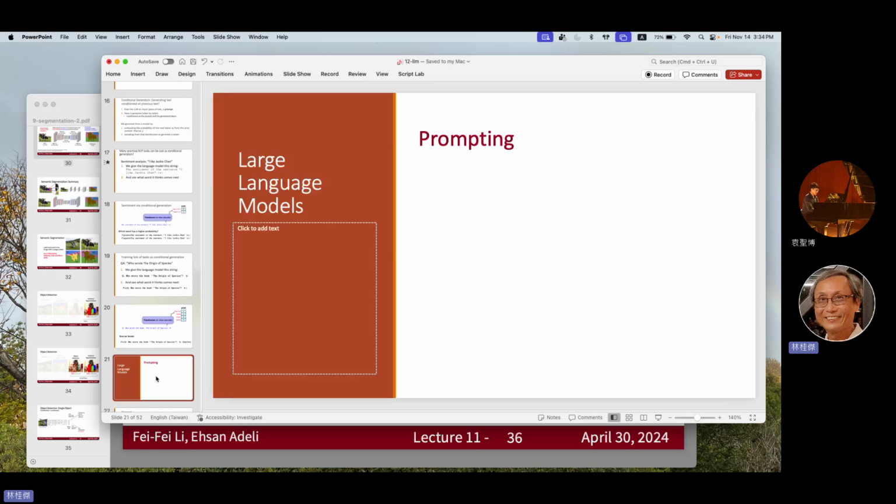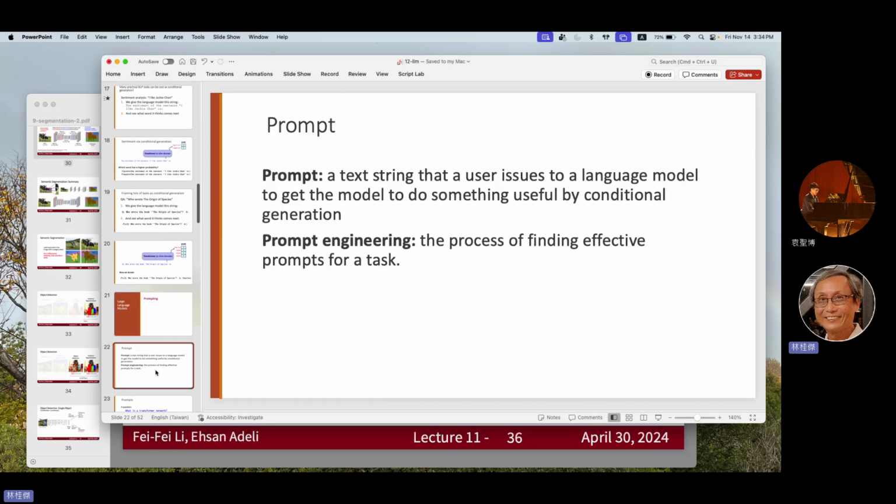So the prompt is actually quite important because it's going to be used by the language model as the input. And the input here will be used somehow in a network, which we'll talk about later, the actual networks inside of the large language model.